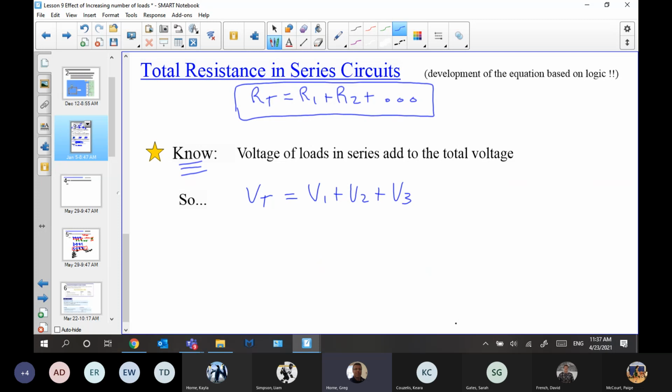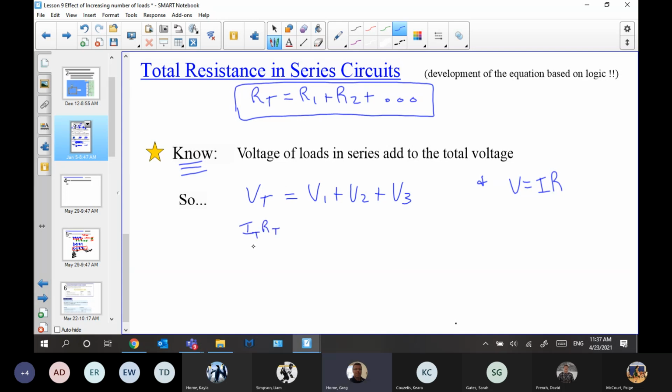three loads, right? So then the next step is to say, okay, wait, Ohm's law. So I'm going to say, and Ohm's law is V equals IR, right? And so in each case, we can change the V's to I's and R's. So we have an I total, R total.